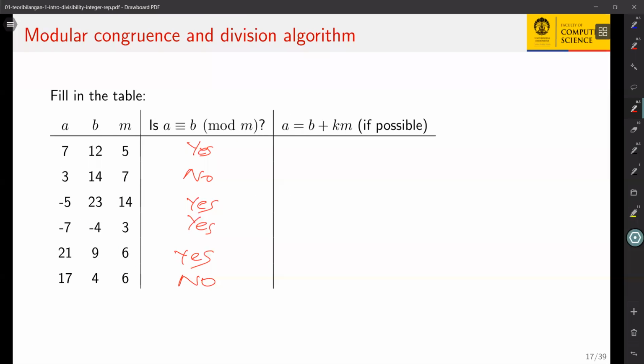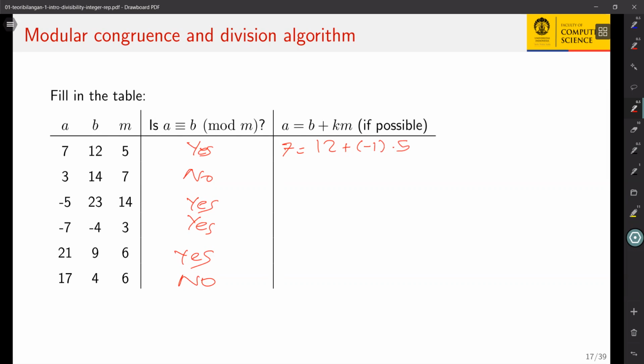Now, can we write this? Well, yes, we can write this, right? So for example, here in this case, 7 is equal to 12 plus 12 minus 5, so minus 1 times 5, right?